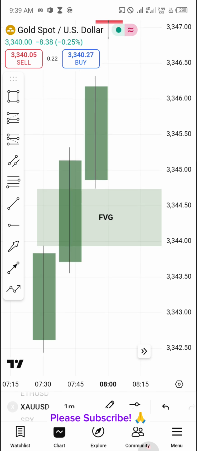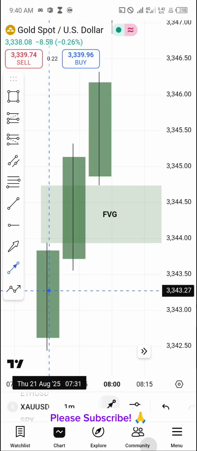First of all, what you need to identify is three consecutive candles of the same color. So how do you identify a fair value gap?